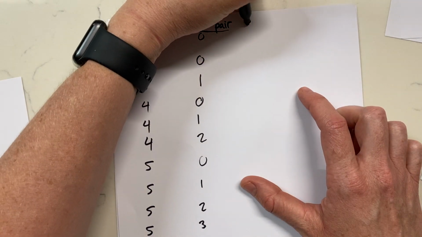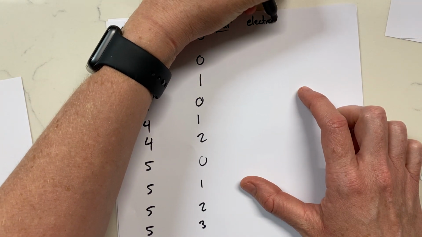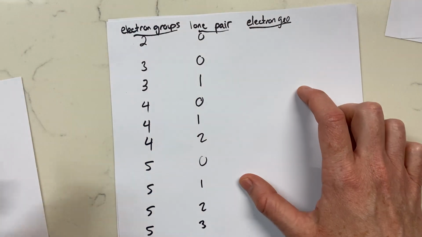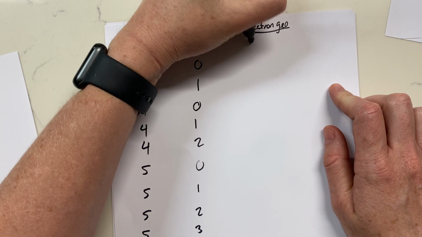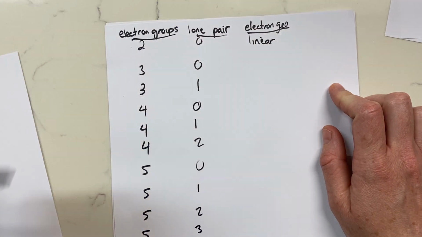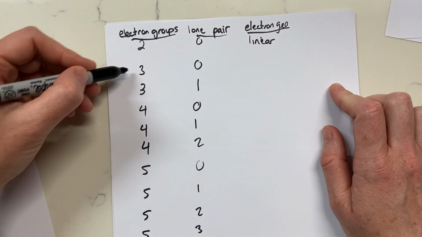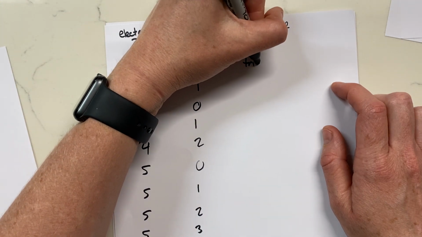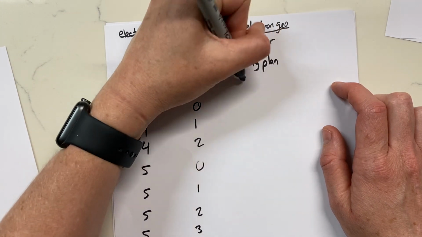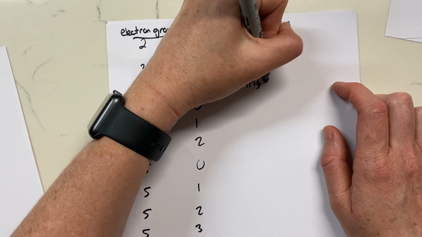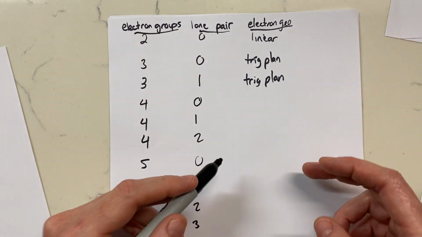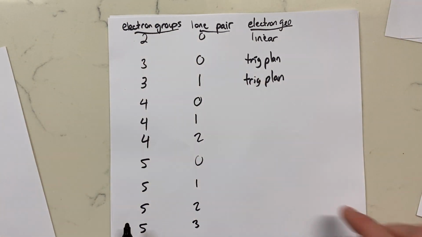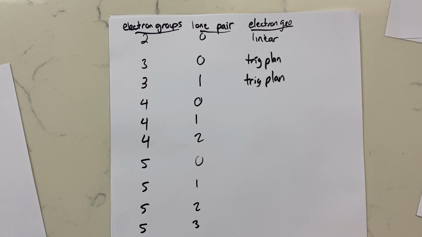Its electron geometry will be as follows. So anytime you got 2 electron groups, it's going to be linear. Anytime you have 3 electron groups, it's going to be trigonal planar. And you should have already studied this enough that you know what I'm talking about when I'm doing abbreviations. For the 4s, they're always going to be tetrahedral.